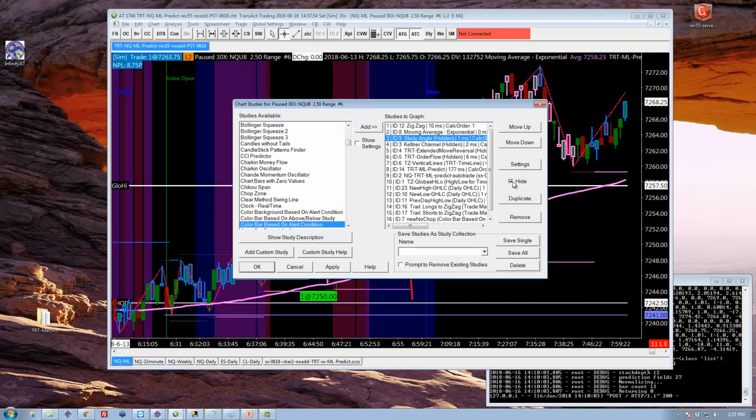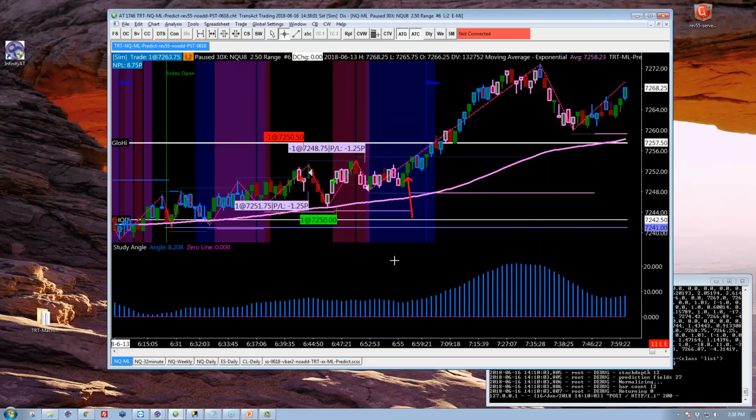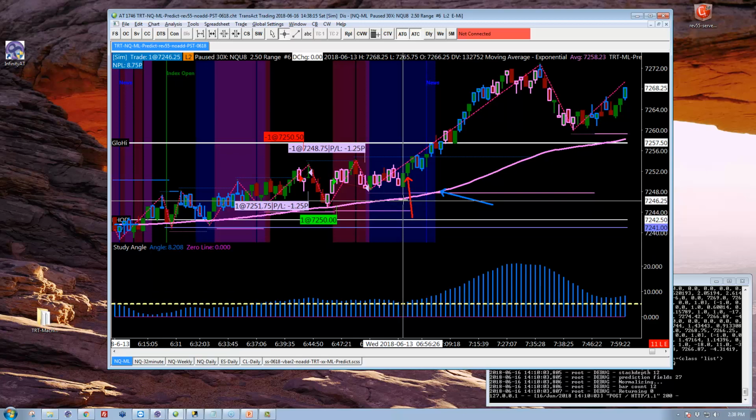So this value here is what we look at in the current method. The current method says, is the angle of this moving average more than 4 or less than -4? If I put a line down here at 4, you'll see. We can look at it right there. It's just a hint more than 4 in this case.